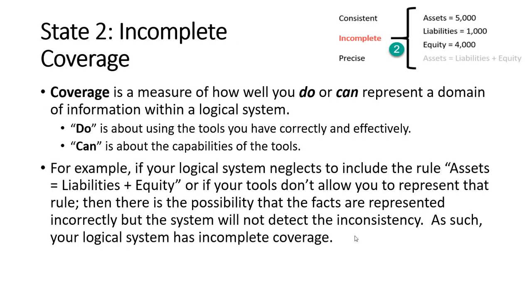So what if you take that rule out? The rule, assets equals liabilities plus equity. What if you didn't have that rule? Someone could still create a financial report and provide assets, liabilities, and equity. But how would you know if what they're providing is correct or incorrect? What if they provided 3,000 for assets and the same values for liabilities and equity? If you don't have the rule, you don't know whether it's correct. So you have to be able to provide the necessary rules, and to do that, you have to have a tool that is capable of doing that.